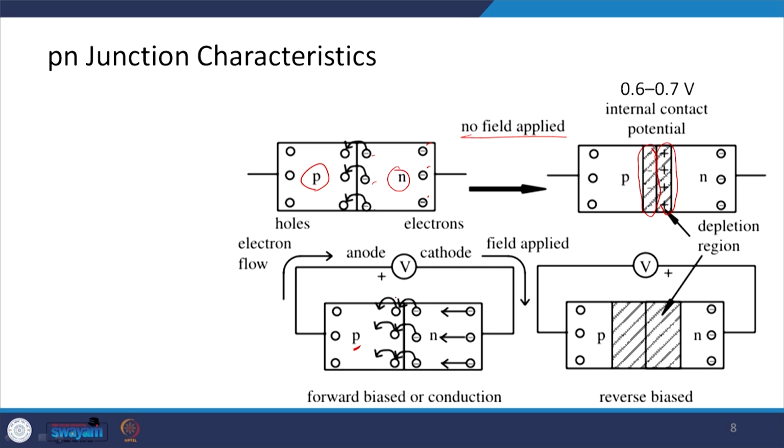Similarly, the positive side being in contact with the holes, there will be motion of the holes in this direction, or motion of the electrons in the opposite direction, and we will have a flow of electrons, or what we can say is a flow of current.